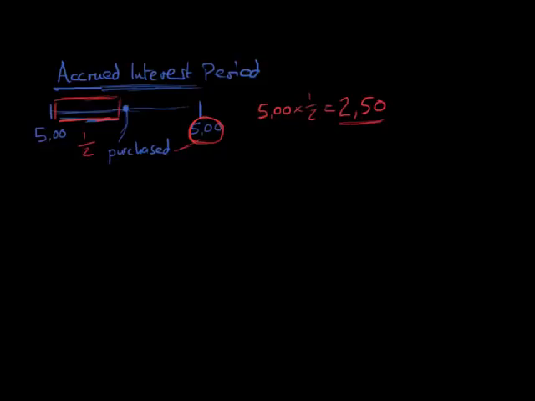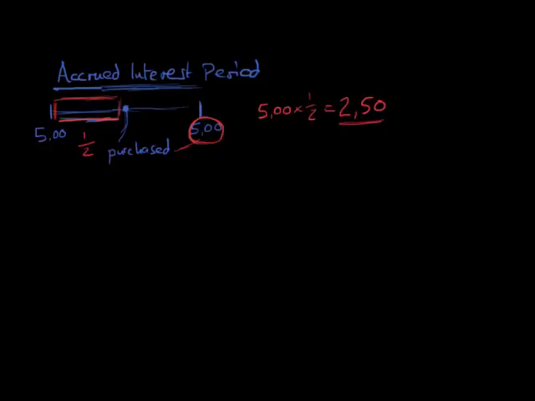Now, in order to arrive at the correct figures when calculating the accrued interest, it's quite essential to understand the day count conventions, how to count the number of days that have passed, and so how many days of interest have accrued to the seller in order to get the correct price.